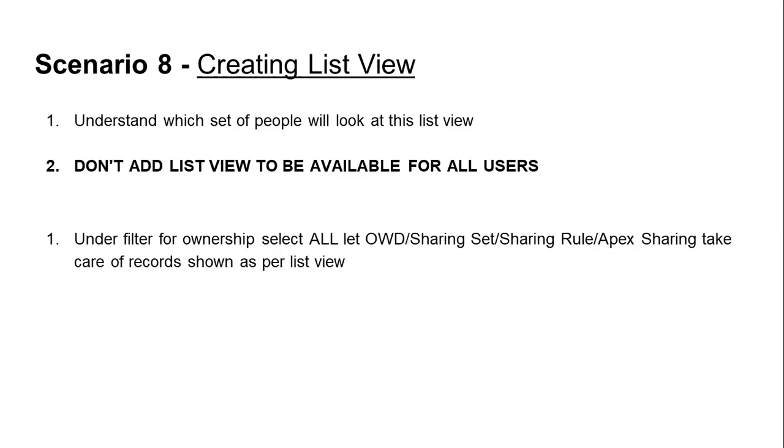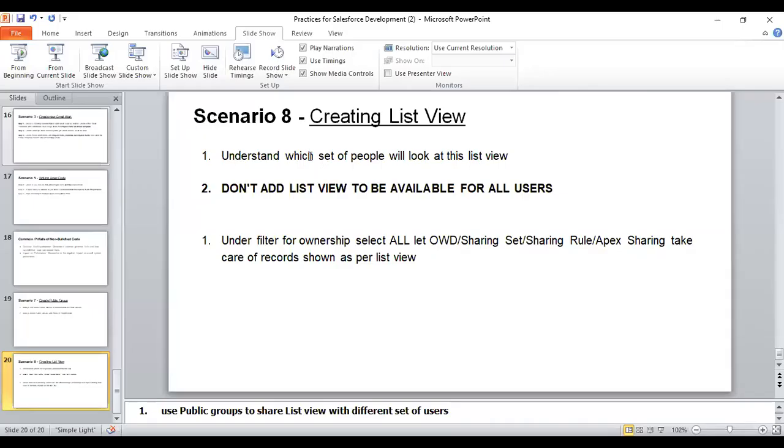Under ownership, select all records, and let the OWD or your sharing set take care of the records that should be visible. So those are the things I had.